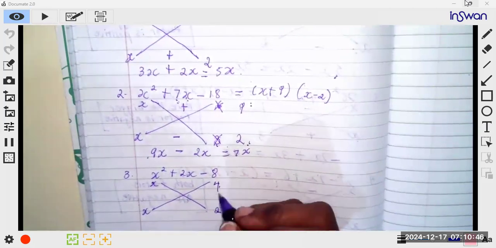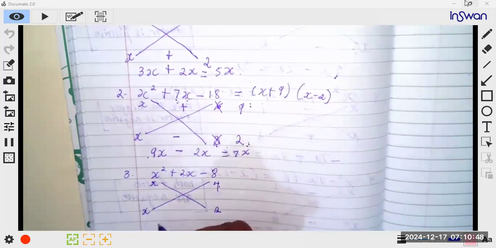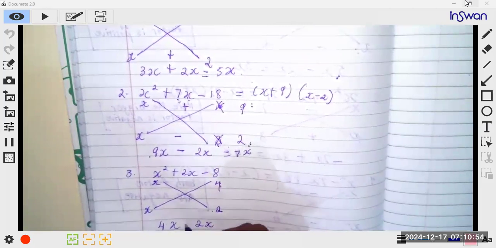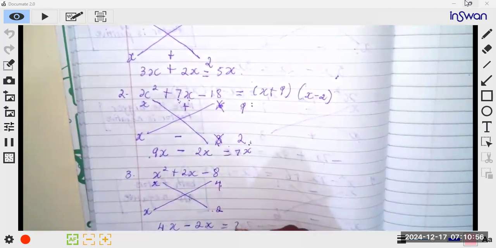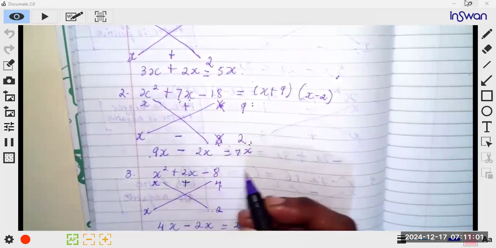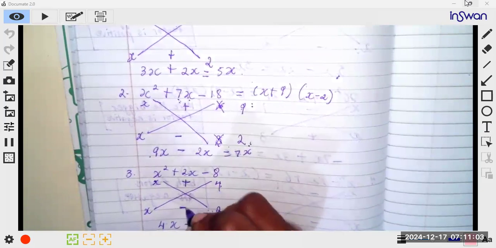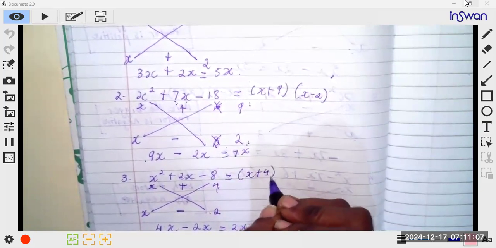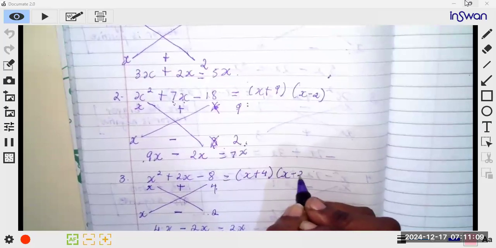So 4 times x is 4x, 2 times x is 2x. And if we minus these two, you'll get the 2x. So the positive sign is in front of the 4, whilst the negative sign is in front of the 2. So the answer here will be x plus 4 by x take away 2.